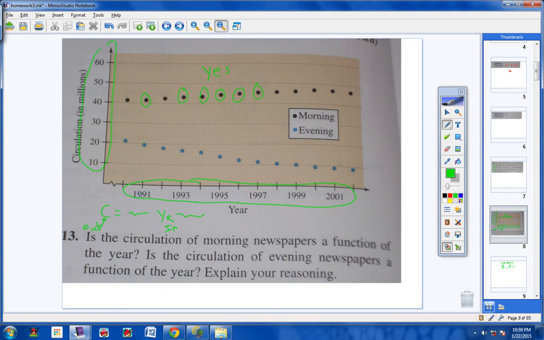Well, of course it is. Every year, every input gives you one evening newspaper number out. So yes to both of these. Explain your reasoning: because each input has exactly one output. Okay? Moving on to numbers 15 through 27.